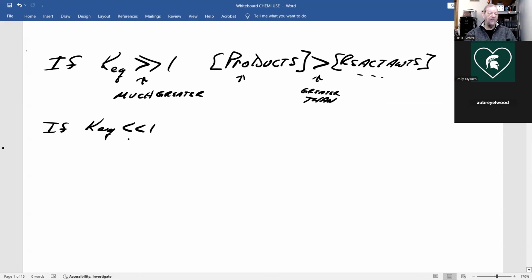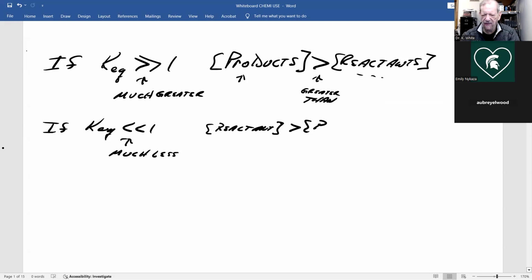If KEQ, the equilibrium constant, is much less, that's what this means, than 1, the opposite is true. The concentration of the reactants, how much of the reactants, is greater than the concentration of the products.